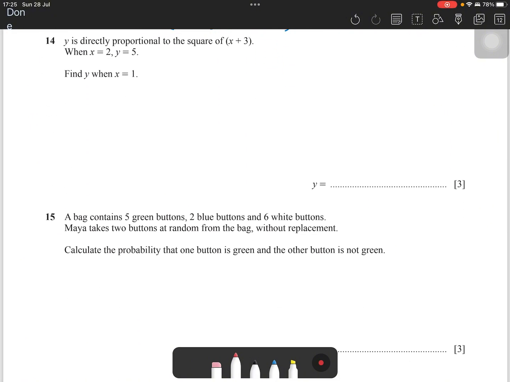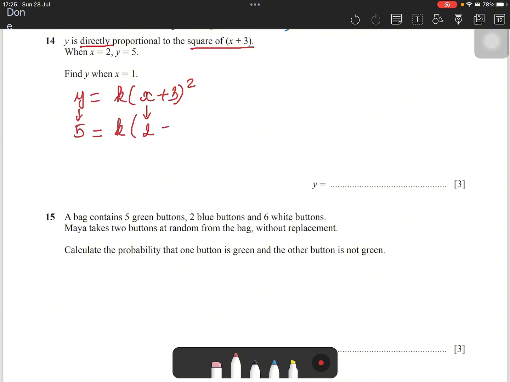Question 14. Y is directly proportional to the square of x plus 3, which means y is equal to k multiplied by x plus 3 all squared. When x equals 2, then y equals 5. So we need to find the value of k.